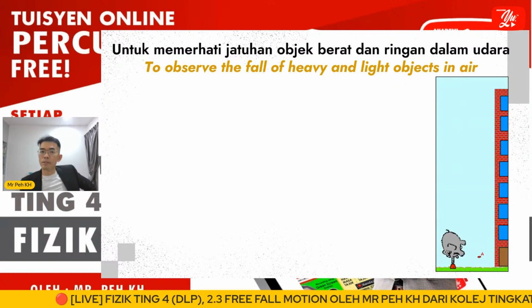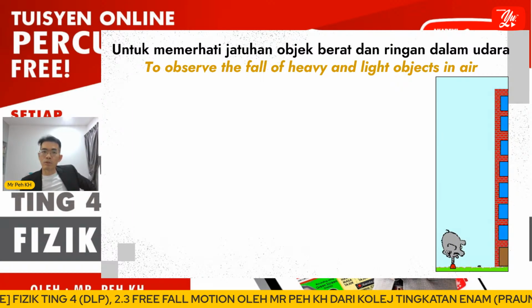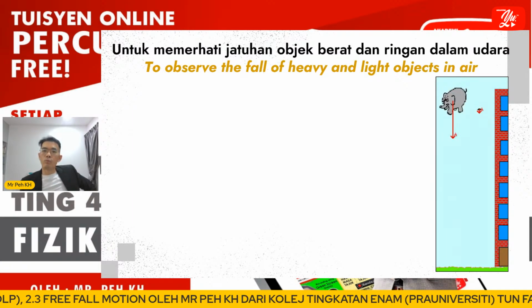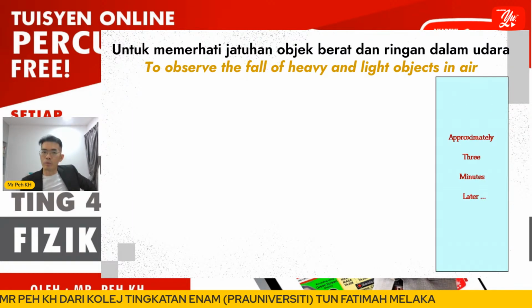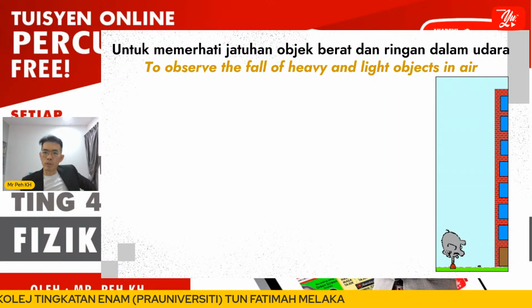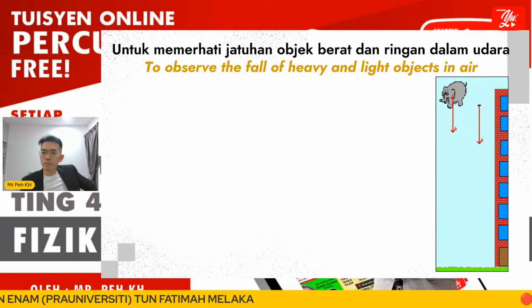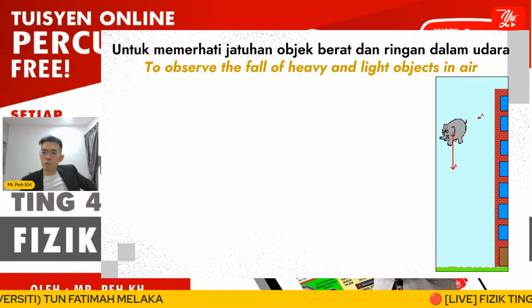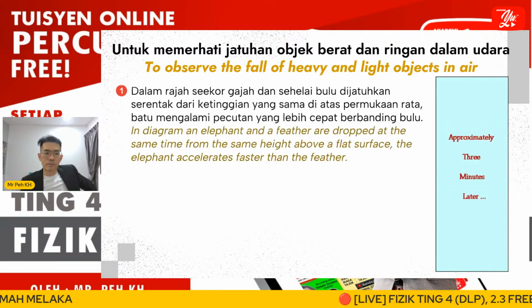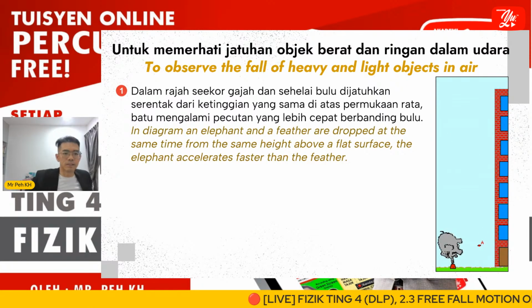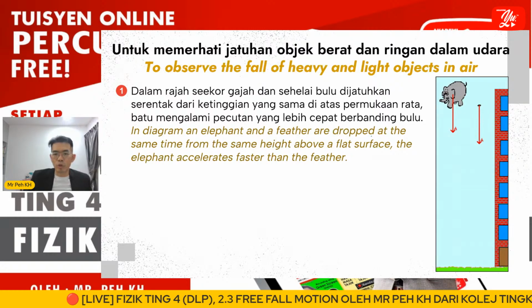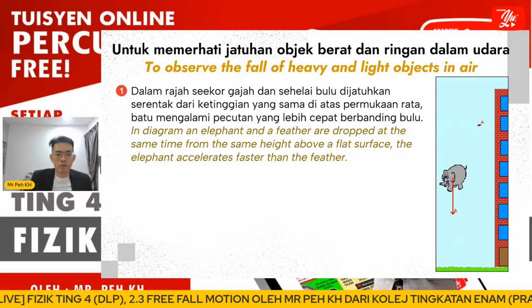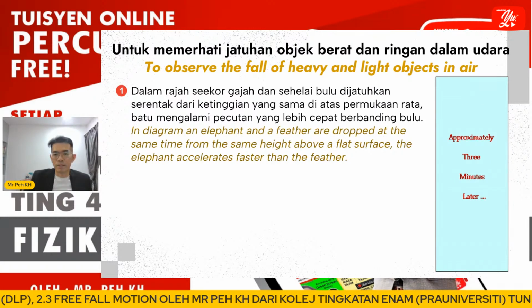Okay, so here is another observation. Here we observed a heavy and a light object in A. Just now, the weight of the golf ball was higher compared to the paper. However, now we discuss a situation where one of the objects is far heavier than the other. Here we are using an elephant together with a feather. Look at the first sentence. In the diagram, an elephant and a feather are dropped at the same time from the same height above a flat surface.